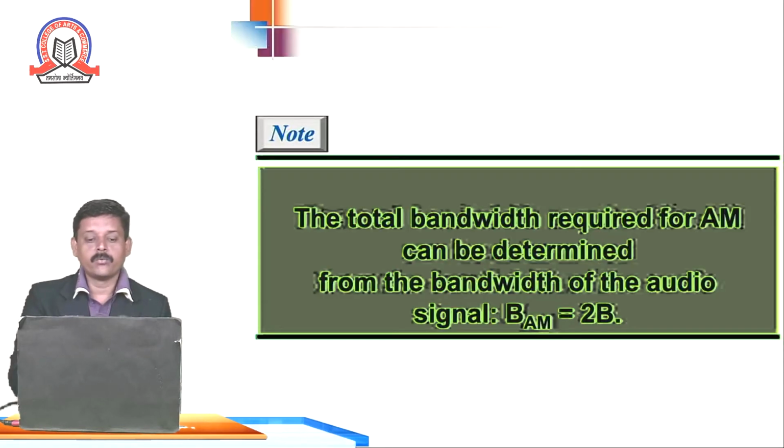One thing we have to note is that the total bandwidth required for amplitude modulation can be determined from the bandwidth of the audio signal, that is BAM is equal to 2B.